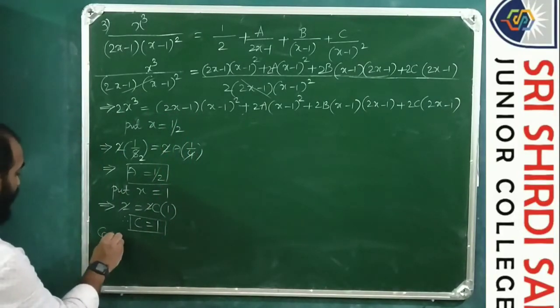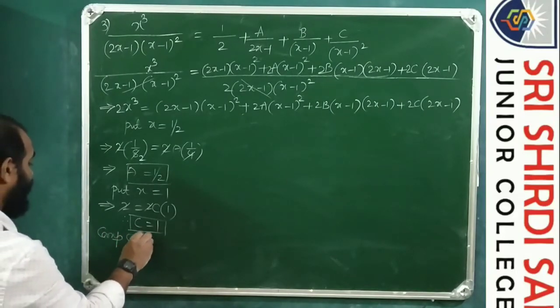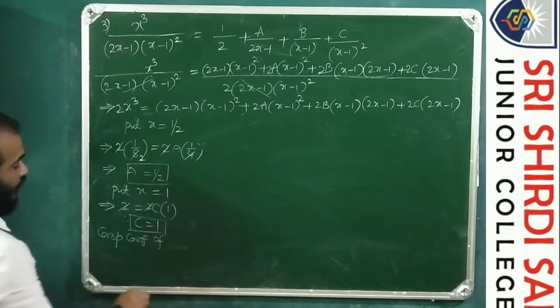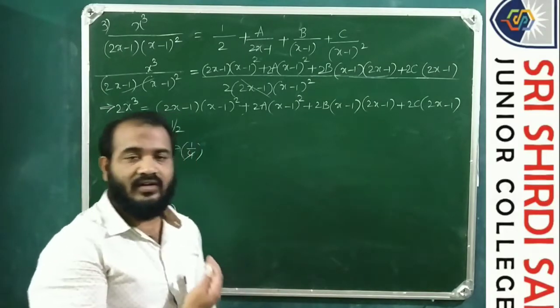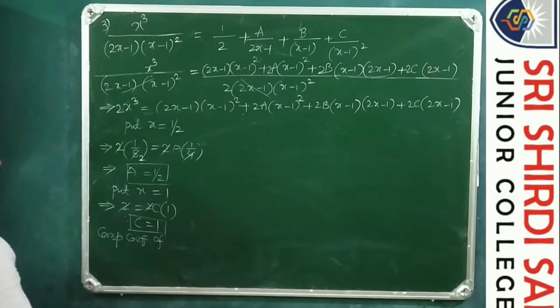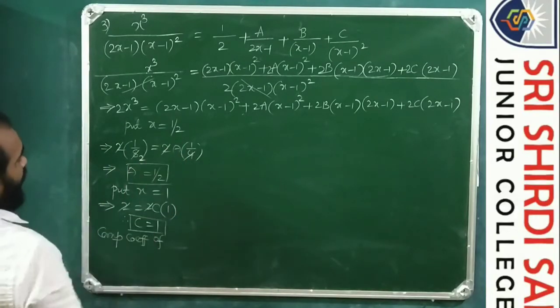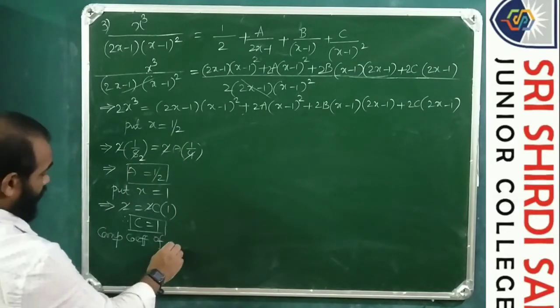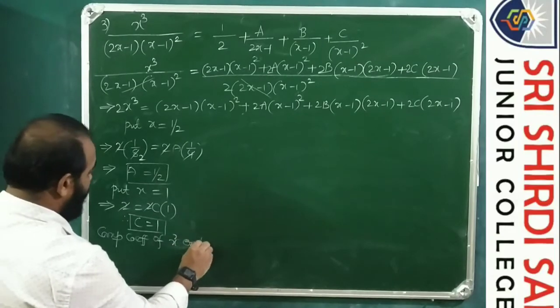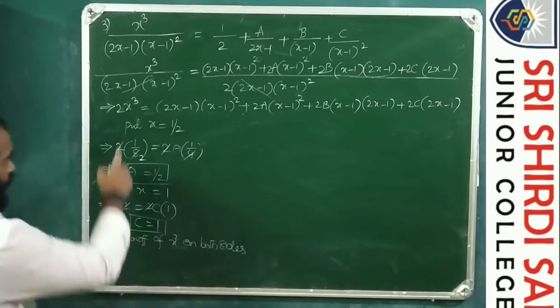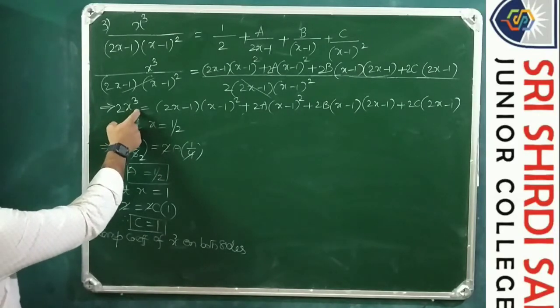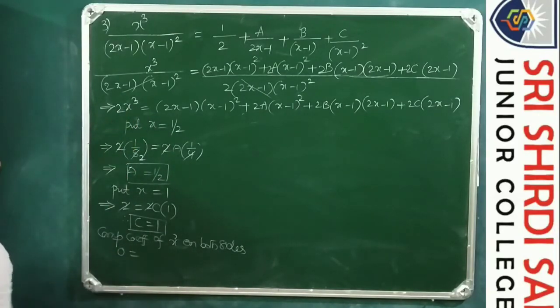Comparing coefficients of, you may compare the coefficient of x square, x cube, x or constant on both the sides. So comparing coefficients of x square on both sides. So here we don't have any x square coefficient, 0 is equals to.